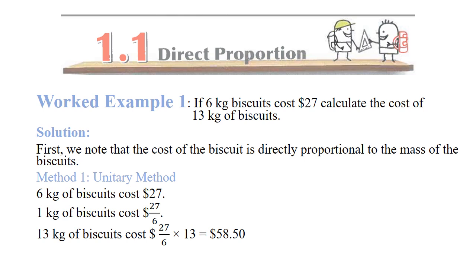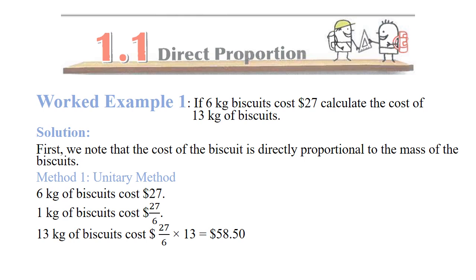This can be obtained by dividing both sides, that means the mass as well as the cost, which is the basics of the unitary method. So we divide 6 kg and $27 by 6. So it gives us 1 kg of biscuit costs $27/6.